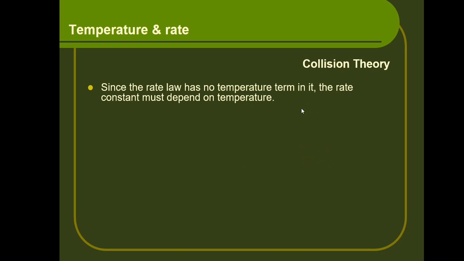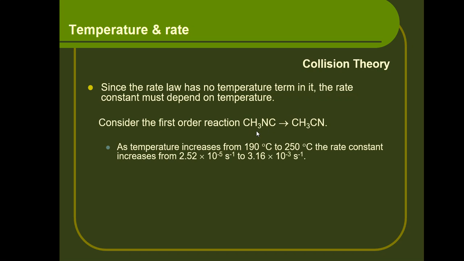Though we're using the Arrhenius theory most of the time, it would also be beneficial if you know the collision theory, and it's actually very simple to understand. Since the rate law has no temperature-dependent term, the rate constant must be that particular part of your rate law which is temperature-dependent.